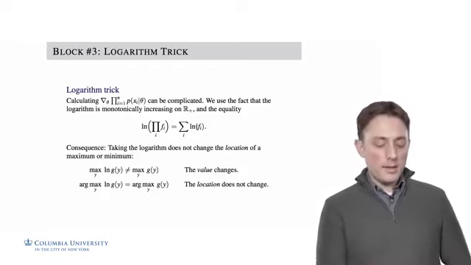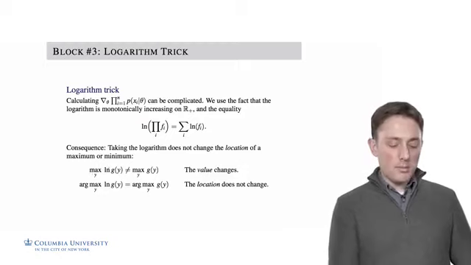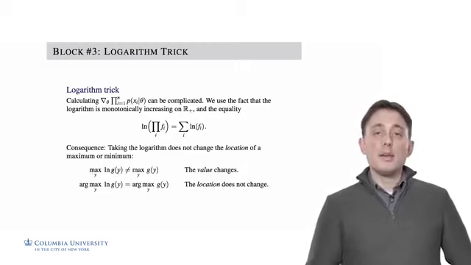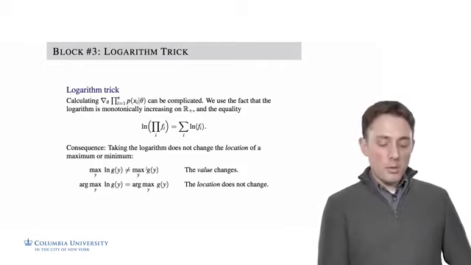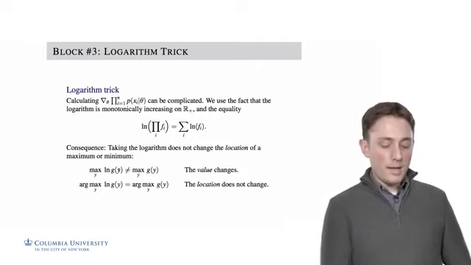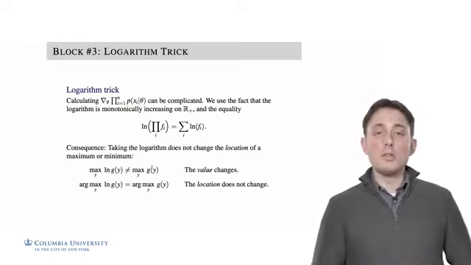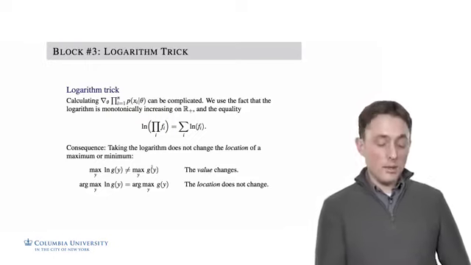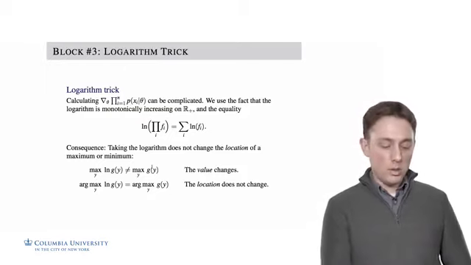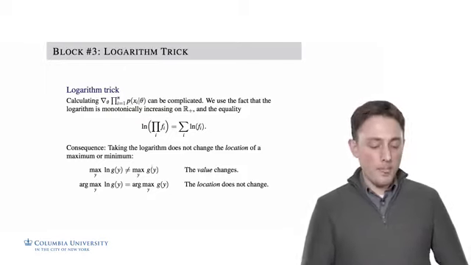What this means is that the maximum over y of the log of a function g is not equal to the maximum over y of the function g. If we plug in the value y that maximizes the left-hand side and then the value y that maximizes the right-hand side, the maxima are not going to be equal, because the left side is the logarithm of the right side.